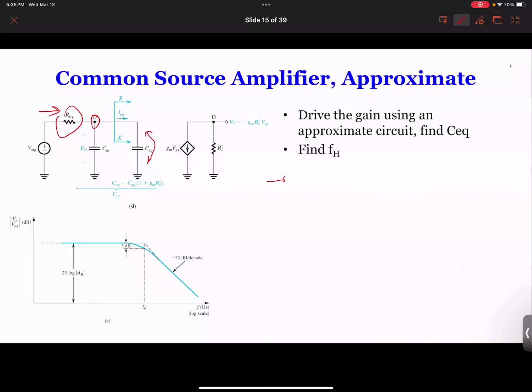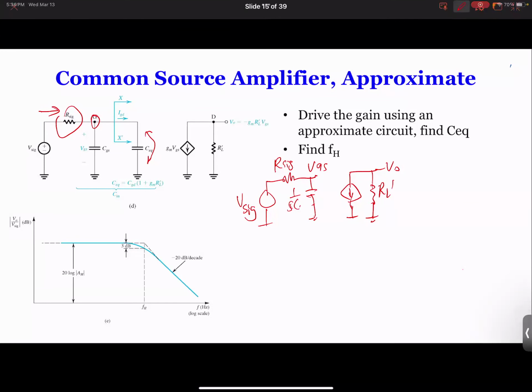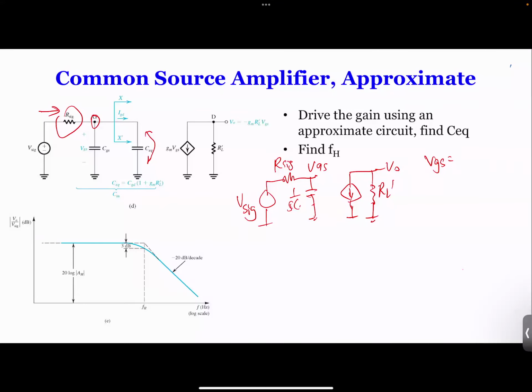So the circuit becomes... impedance is 1 over S times C. So basically, VGS is going to be VSIG divided by RSIG plus 1 over S times CGS plus CEQ, and then times this 1 over S times CGS plus CEQ.